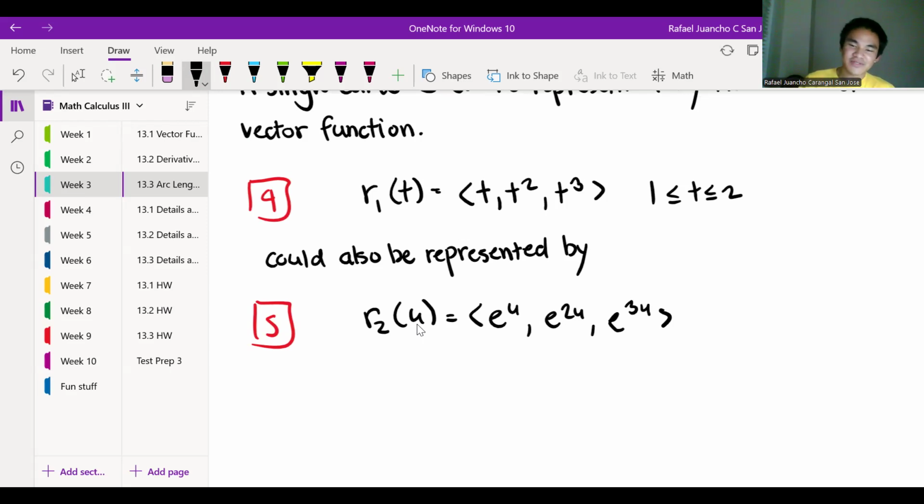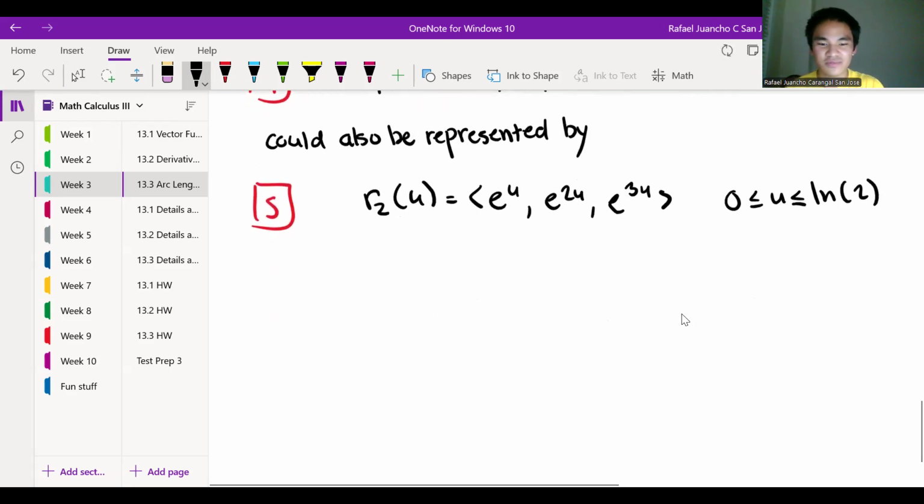Now, how are they able to do this? That's the interesting thing. Basically, the condition is that u is in between, ooh, this is oddly specific, u is exactly in between 0 and ln of 2. Why 2? Huh.